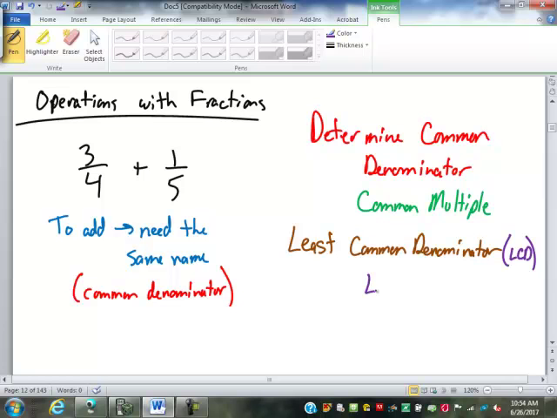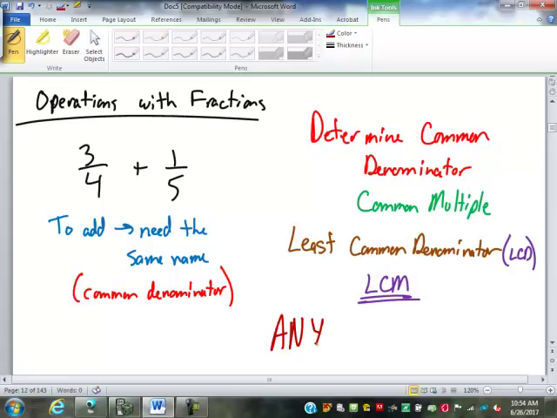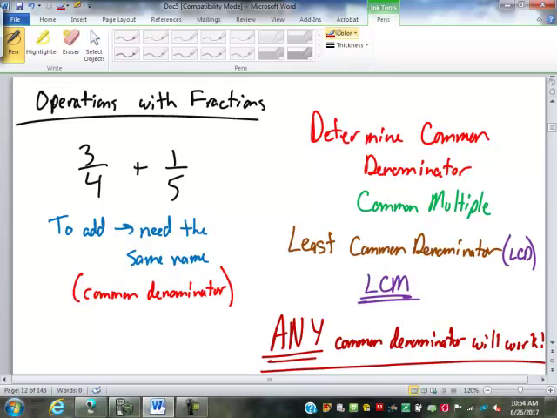Well, least common denominator is just the least common multiple of the two denominators. But you do not have to find the least or the smallest one. Any common denominator will work. And I'll show you in a little bit an example where we can do different ones.